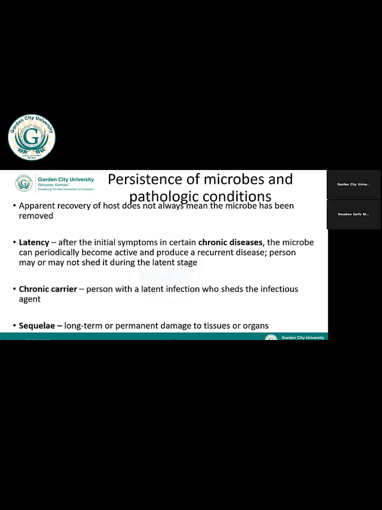That's why it's better to always complete the treatment course and test again to see if the organisms have been fully cleared. Otherwise, if the host is left unmanaged, they could lead to long-term or permanent damage, and this is referred to as sequelae.